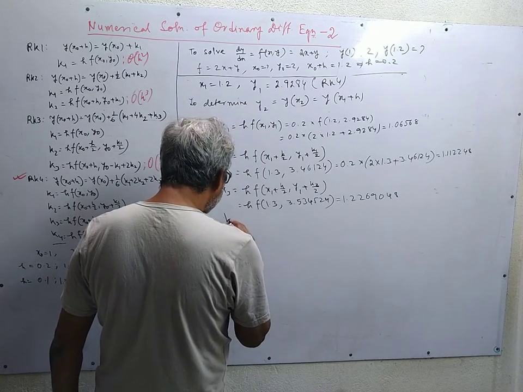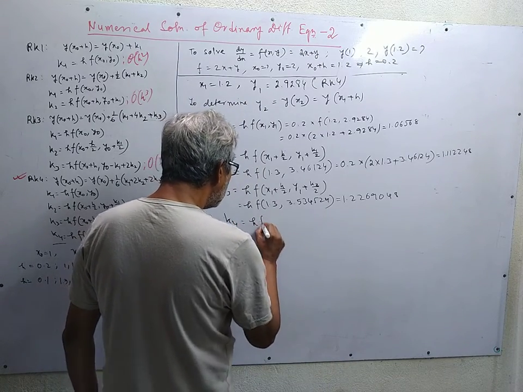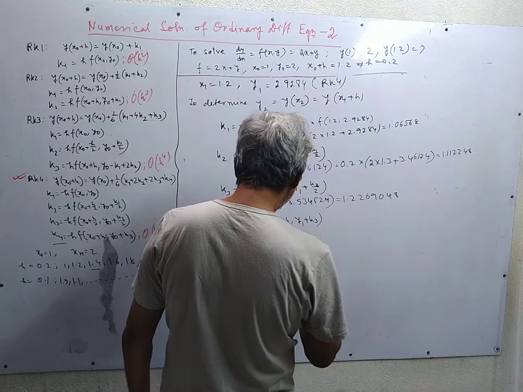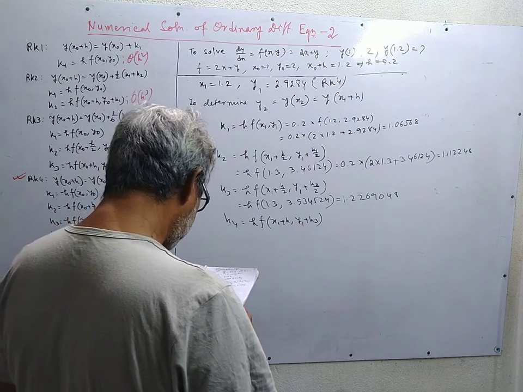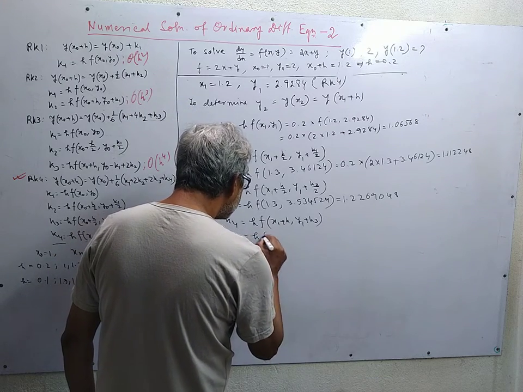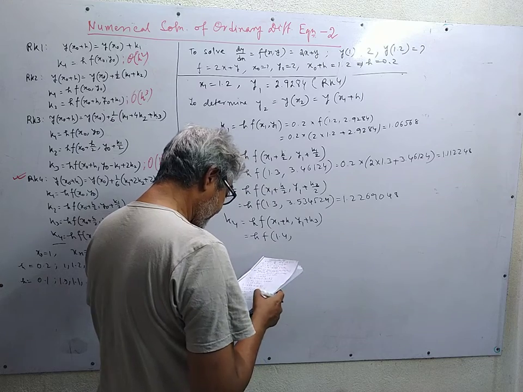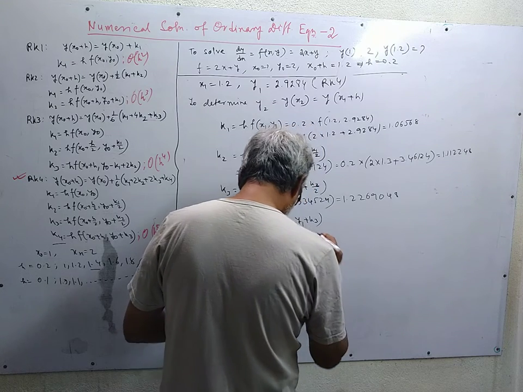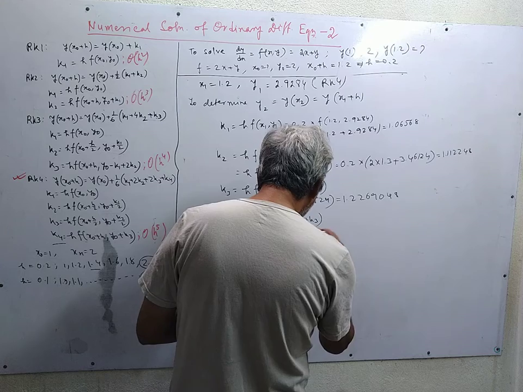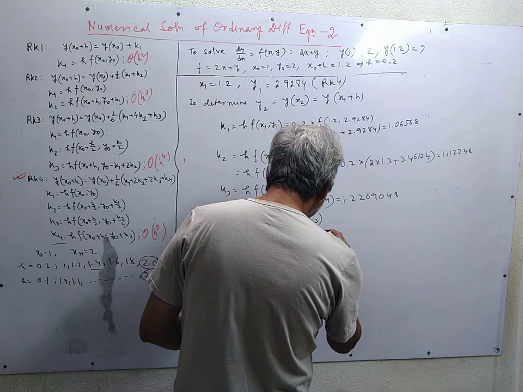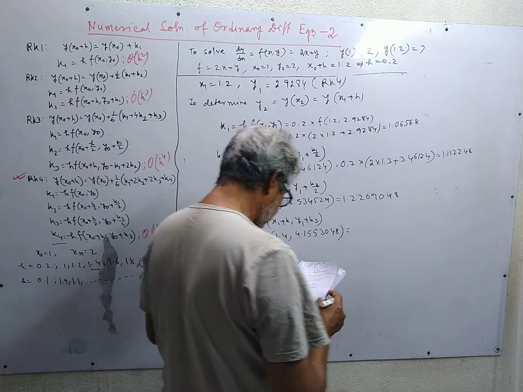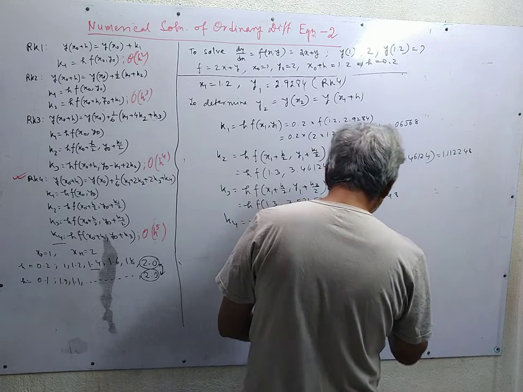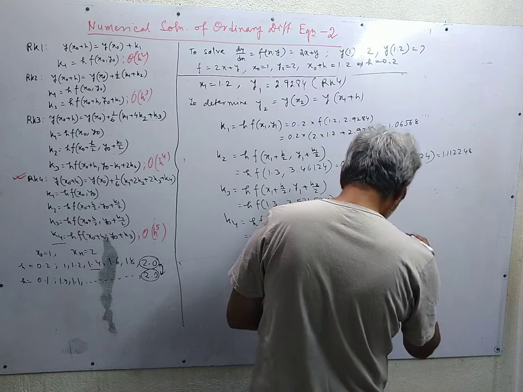And finally K4 is h times f of 1.4 and this part is y1 plus K3, which is 4.1553048, and on simplification this becomes 1.39106096.